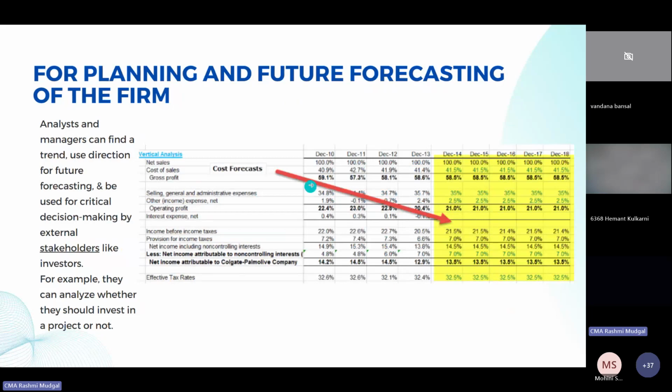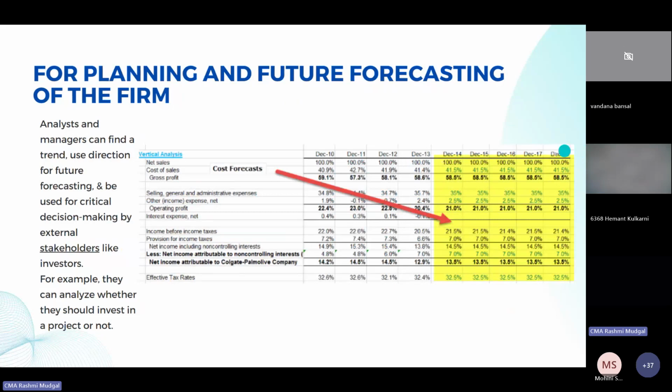So here what we actually can see is a vertical comparison of the cost of sales and gross profit. So we can see in 2010 the gross profit ratio was 40%, and in December it is 41.5%. So it is increasing.